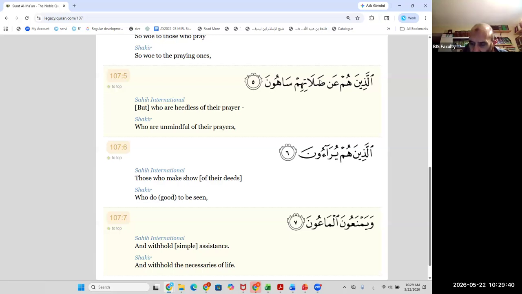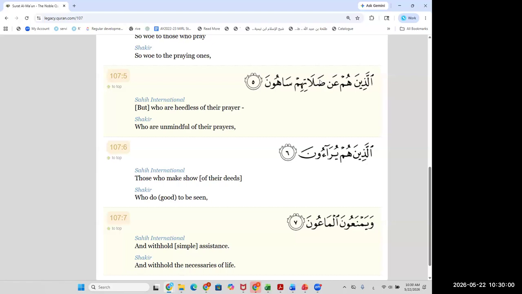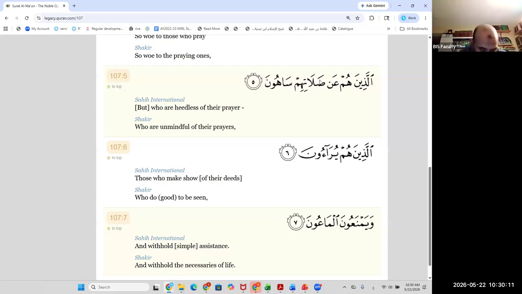So there's a fi'l yura'un with a kind of embedded fa'il, which is the waw indicating hum. And there's no maf'ul bihi. Okay.